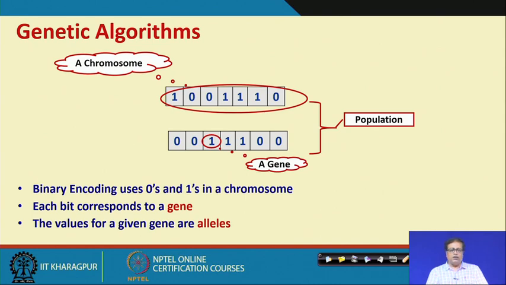Suppose you decide the size of the population, the number of chromosomes in a population, say 20. If you generate 20 chromosomes through random means, maybe by using random numbers, then we have a population to begin with. Is it all right? So, that is how we initiate.